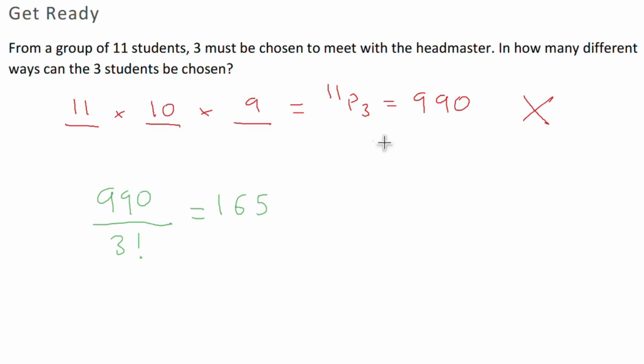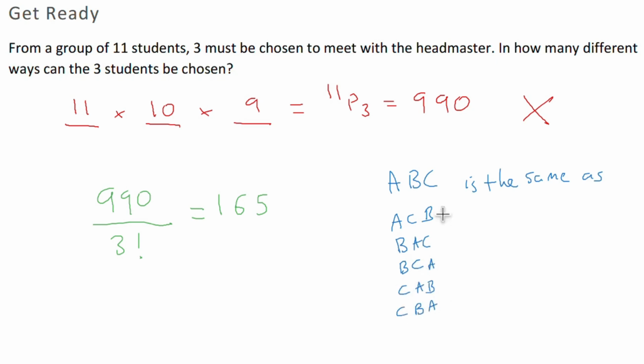Just to clarify, this is because ABC is the same as ACB, BAC, BCA, CAB, and CBA.